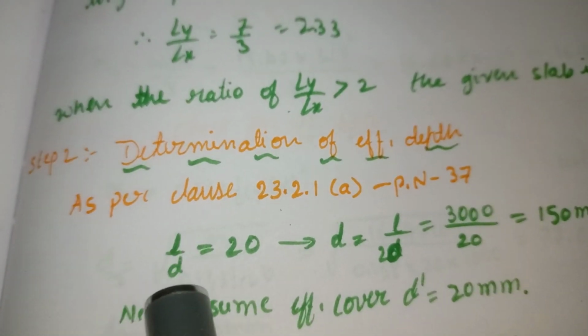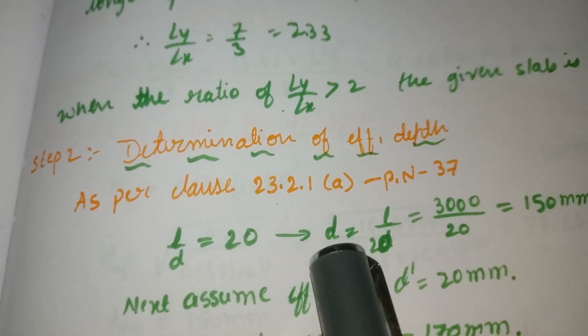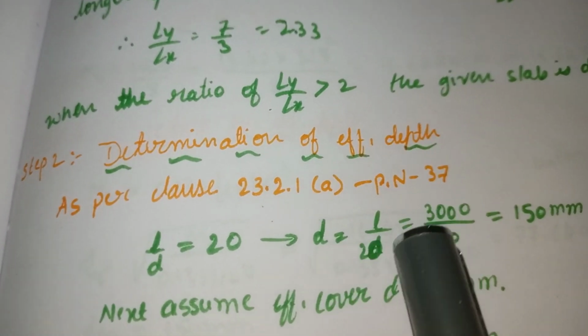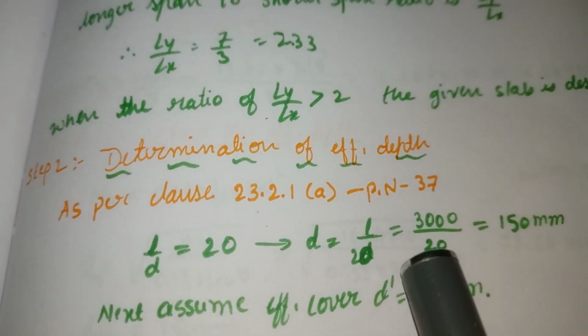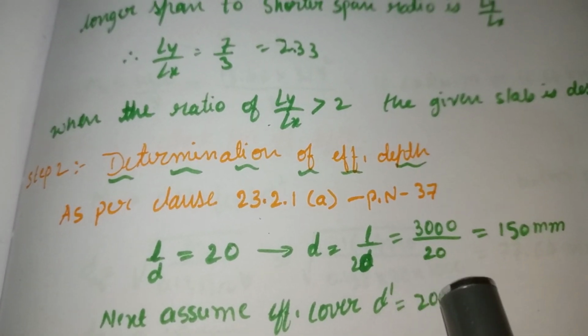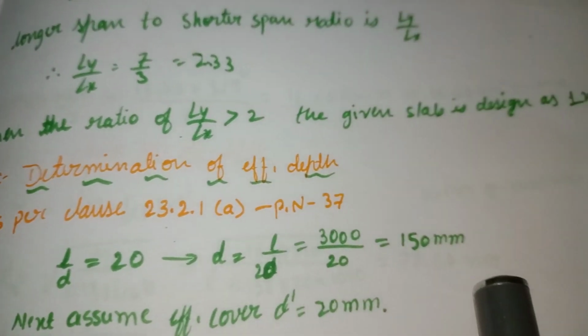I have rearranged it: D is equal to L divided by 20. L is 3 meter, which is 3000 mm, divided by 20. After simplifying, we get the effective depth value as 150 mm.